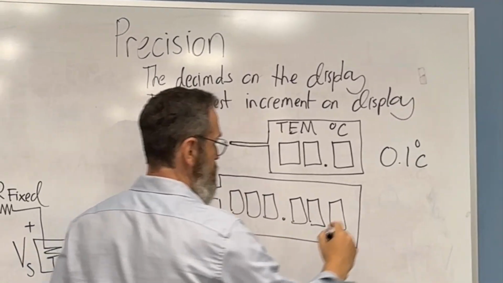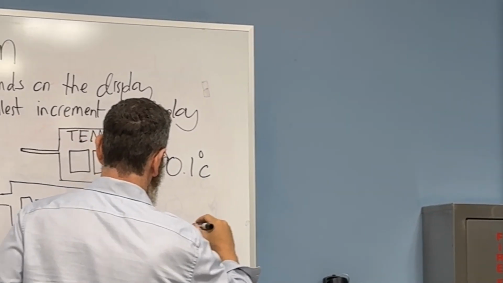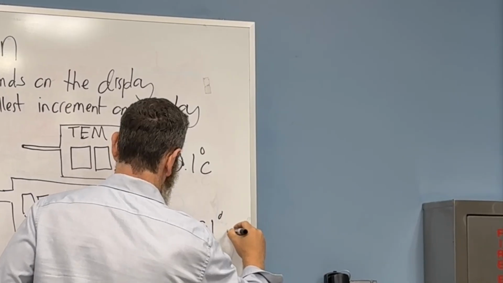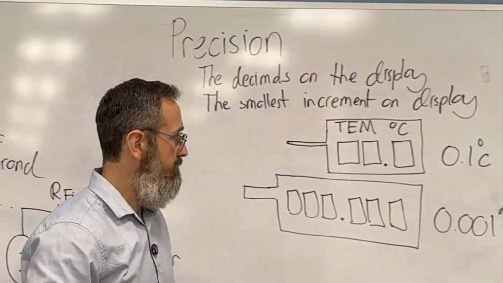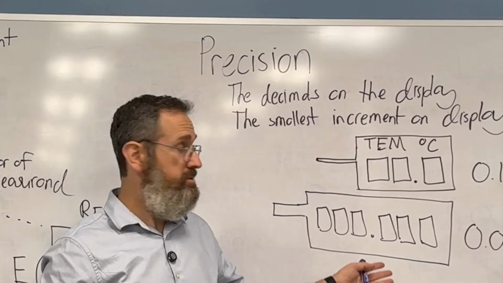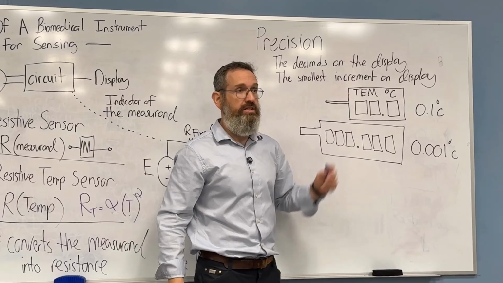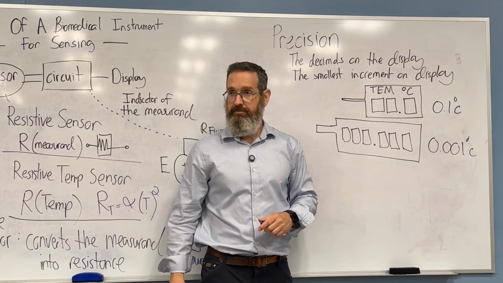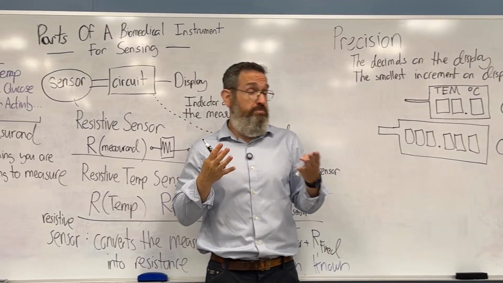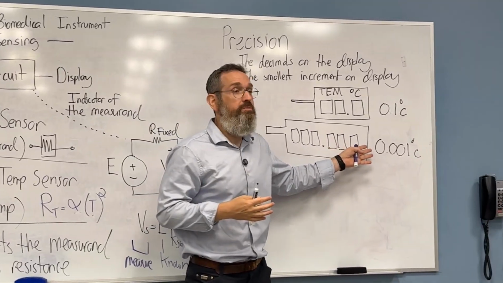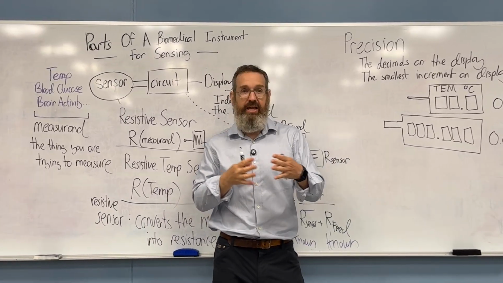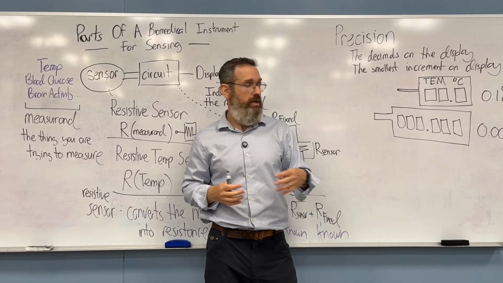Then this device's precision is going to be 0.001 degree C. Two instruments: this one has more precision and this one has less precision. All displays will have some level of limited precision. You can't have infinite precision.